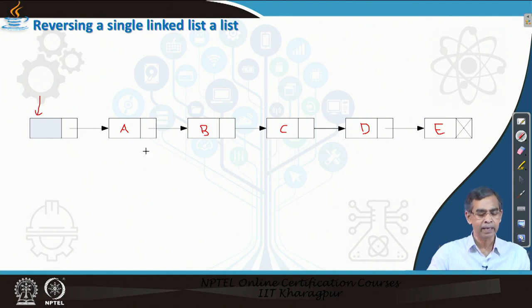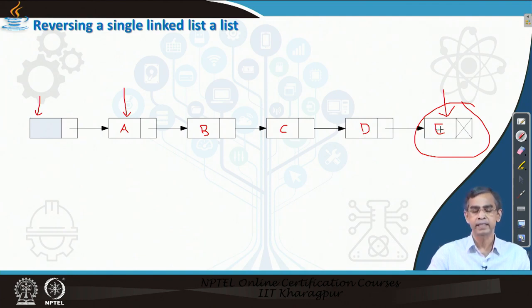Now, how can it be done? Initially we are here and then we come to the first node. Let this be the current node, and starting from this current node we will go to the last node. So, this is the last node. We know this last node and we shall delete it. So, delete E, but this delete means we will just make a copy of this node, that means the value of the node E is copied.